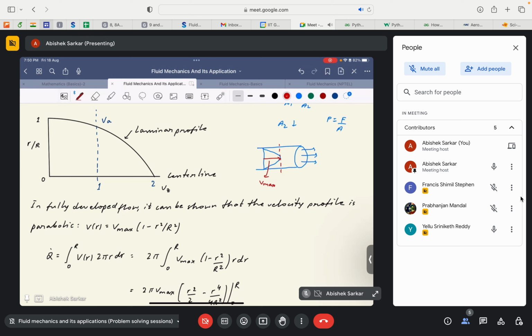Yeah, yes, sir. Okay, actually this result that we are getting is an exact solution of the Navier-Stokes equation. I briefly discussed it in the previous session.